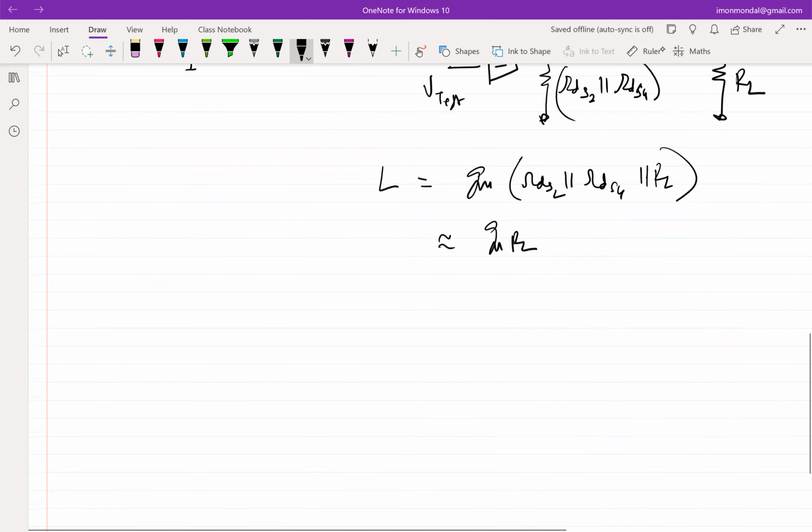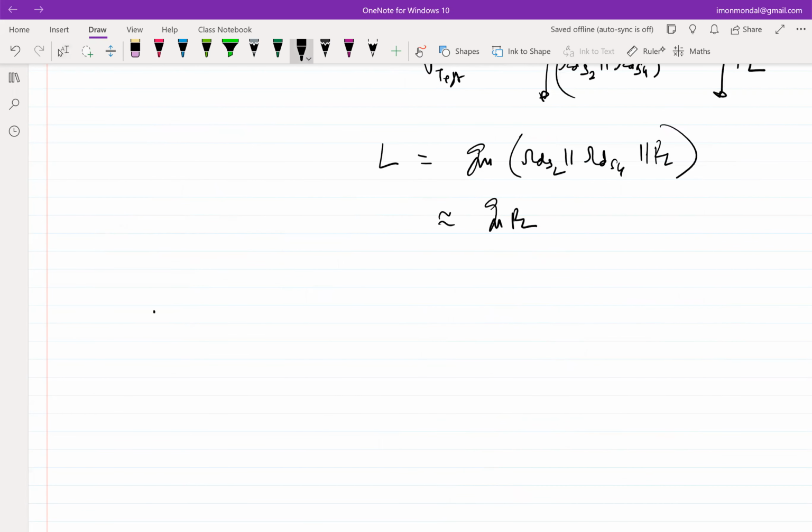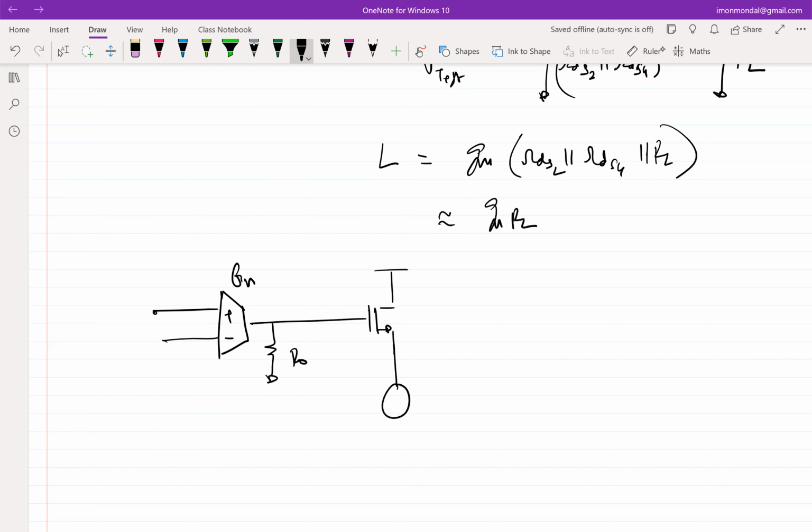Correct? So one possible solution is to do this. So use a voltage buffer. What is a voltage buffer that we know? Simplest voltage buffer. Source follower. So this is RO, this is GM. Maybe you put a capacitor and RL.